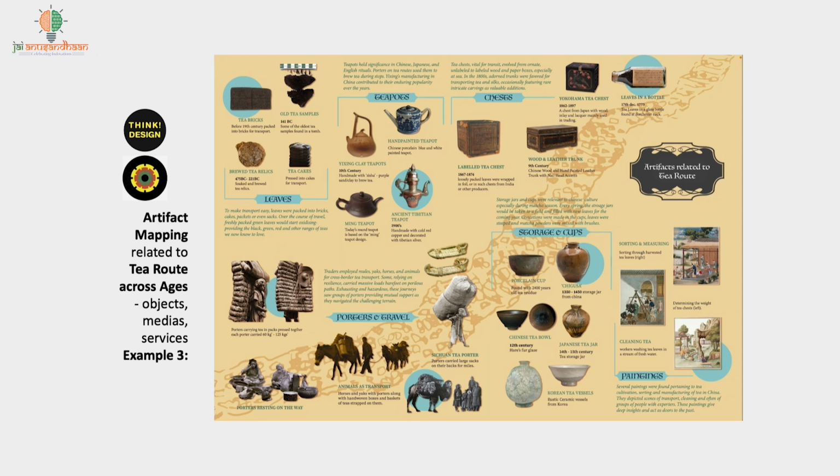Okay, chests for storing tea, and you can see the medias, the paintings and things like that which came out of that. Okay, and you can see the transportation modes that were used, because tea was transported across very large swaths of land, and you can see the tea making on the left side top. Okay, all the pots and vessels which are used for making tea are mapped out there. So you can see that at one glance this map actually gives the world of the tea itself.